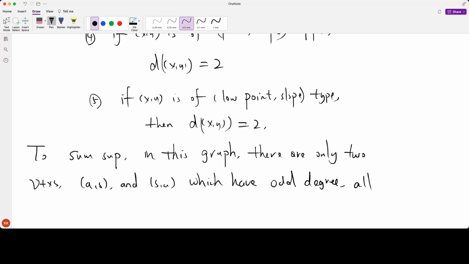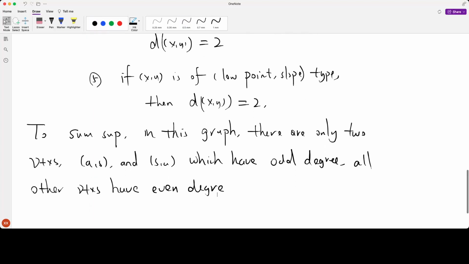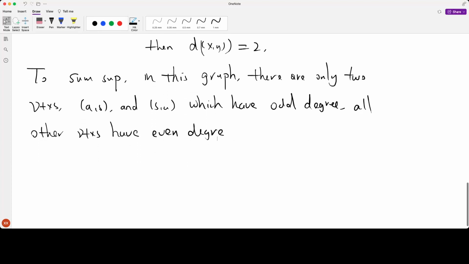All other vertices have even degree. In fact, they can only have degree 0, 2, or 4. Yeah, these are the only possibilities.